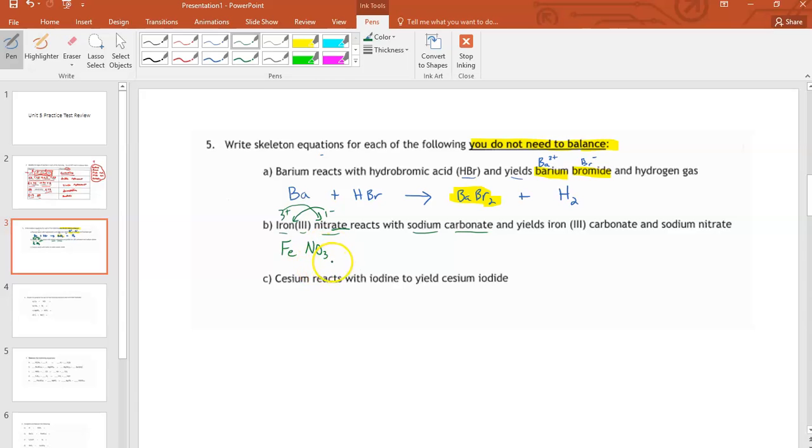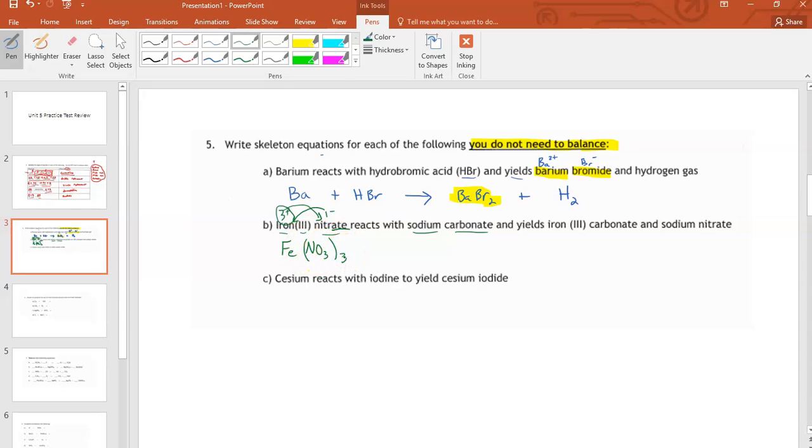So the 3 that was already there does not come from this 3, right? Now, whenever it says nitrate, you write NO3, and that 3 oxygens and 1 nitrogen is what makes it nitrate. So this is not showing 3 nitrates. Right now, it shows only 1 nitrate because nitrate is one of this whole thing. So if I need to add a subscript to nitrate, as indicated here, I put parentheses around it and put the 3.